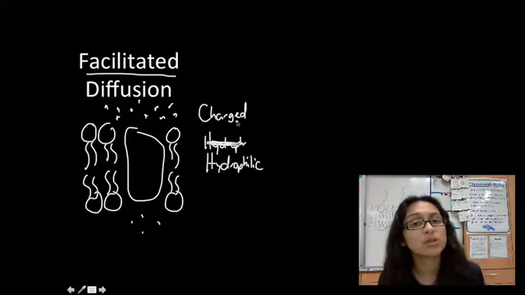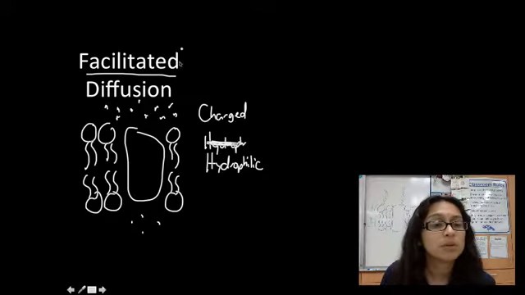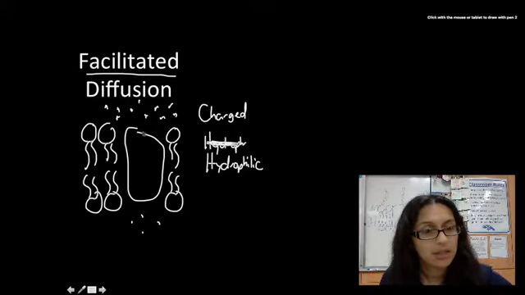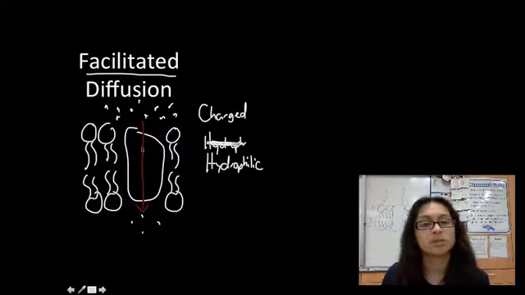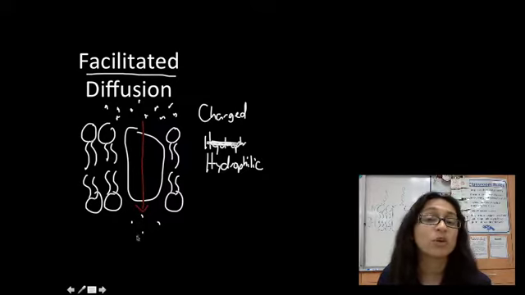Molecules always naturally want to move from an area of high concentration to an area of low concentration. So here in this case, here's the high concentration, here's the low concentration. They can't squeeze through the lipids, so instead, they need help. And that's where proteins come in. So channel proteins and transport proteins allow a way of getting across the cell membrane.